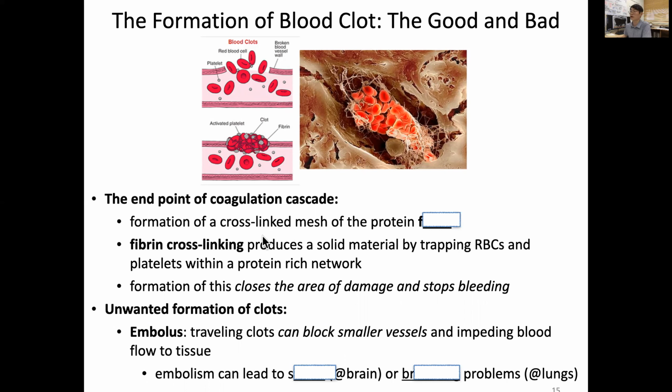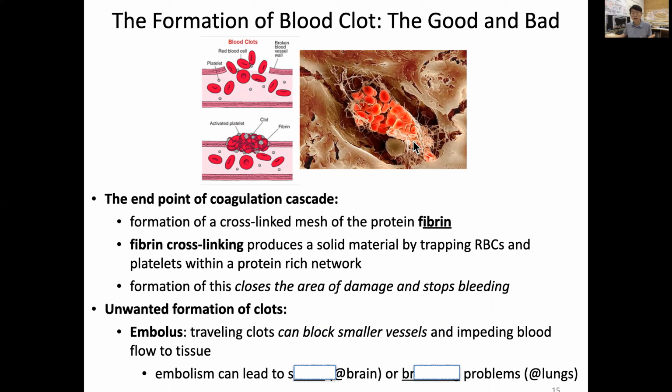So the end point is the formation of the protein fibrin, and the fibrin cross-linking is producing a solid material by trapping red blood cells and platelets within a protein-rich network. And that closes the area of damage and stops bleeding. So that's very important. This electron micrograph shows clearly the fibrin mesh and trapped RBCs, and the platelets are activated.